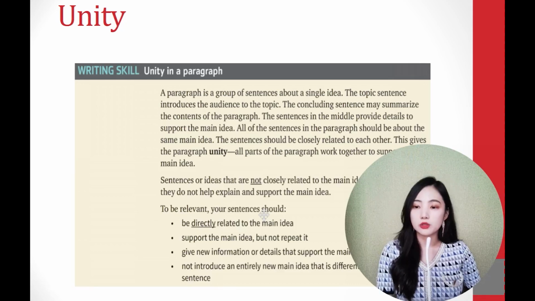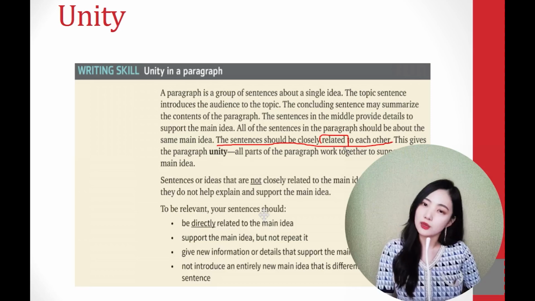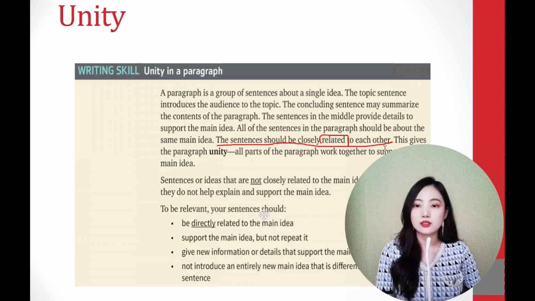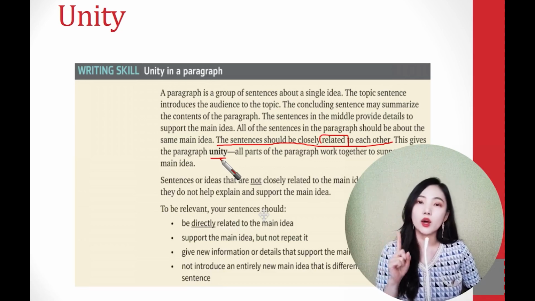So you know there is a topic sentence, there are supporting sentences, there is a concluding sentence, but they have to be related to each other. So they have relations, they are relevant to each other. This gives the paragraph unity. So one idea, okay? It looks a little bit different, and you know TS, SS, CS, maybe their function and role is different, but remember, this is all about one main idea.